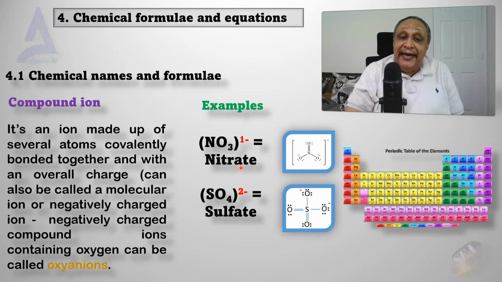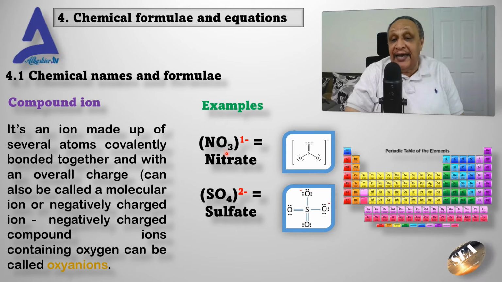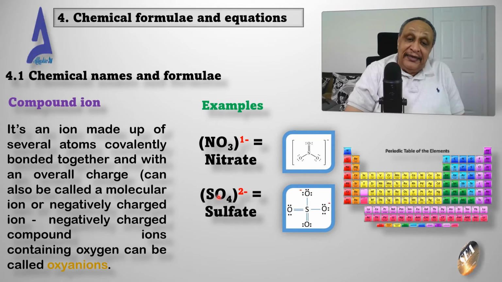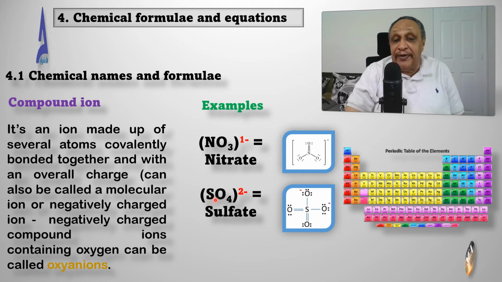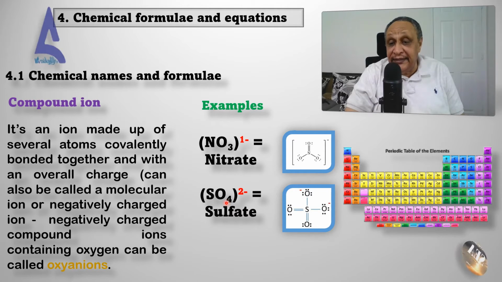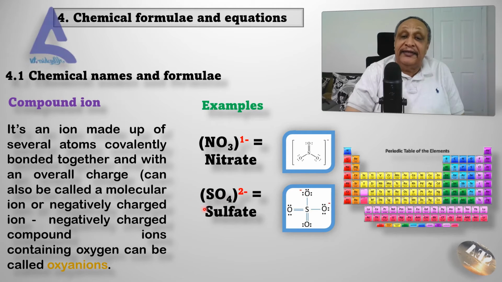However, nitrate is composed of one nitrogen ion plus 3 oxygen ions. Sulfate is formed of 1 sulfur ion and 4 oxygen ions, and they are covalently bonded and work together like this, you see.